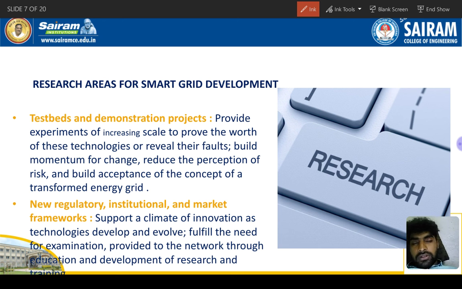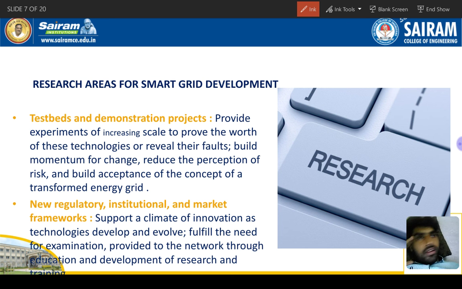Actually, birth is power system analysis, power system generation, transmission, distribution. We are just implementing, updating, and going to make the power system intelligent and automatic, right? That's why we transform the energy grids. A new regulatory, institutional, and market framework supports climate innovation as technologies develop, fulfilling the needs of the network through education and development of research and training.